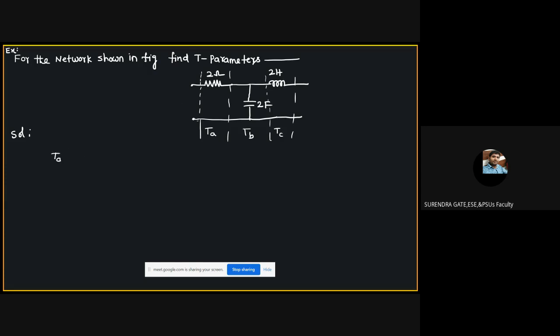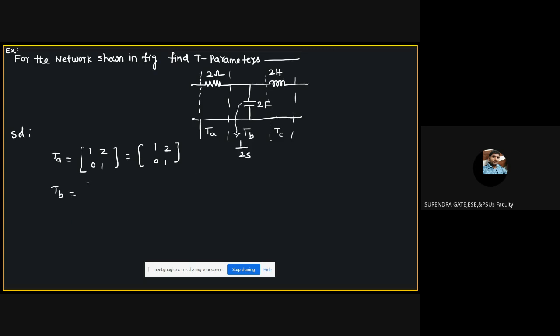Then what is TA? For this series branch, it is 1 Z 0 1, that is 1 2 0 1. What is TB? This is the parallel branch. The impedance of this one is 1 by CS, that is 1 by 2S.